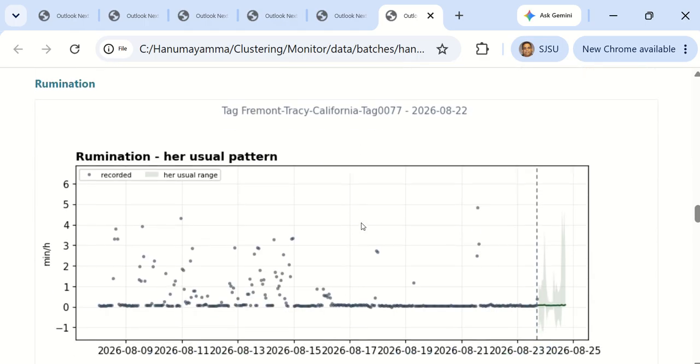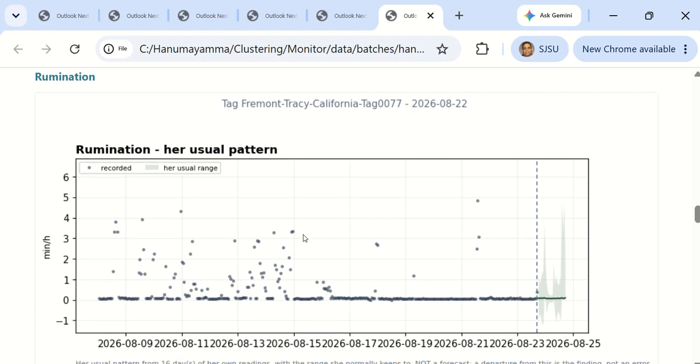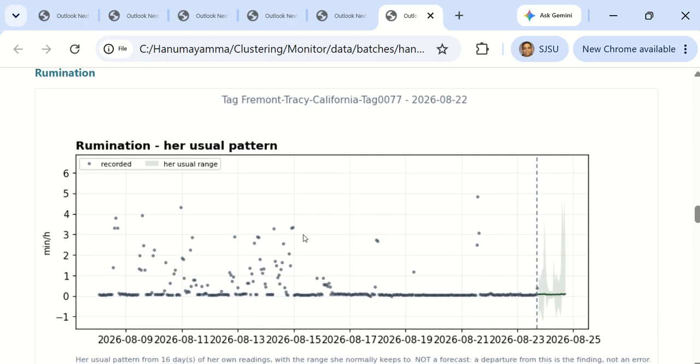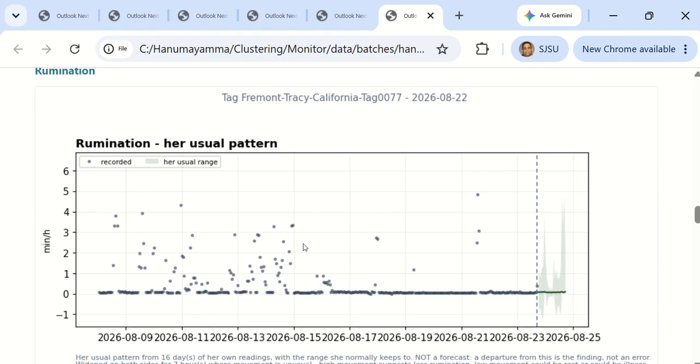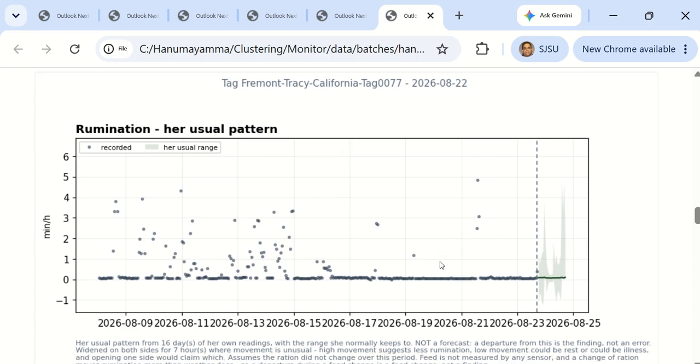Now let's look into rumination. Here is a rumination pattern, and it's important to emphasize that this is not a forecast. We have taken 16 days of data and calculated the rumination. We identify the rumination readings and show the range of how it normally behaves. Any departure from this range is a finding, not an error. Movement affects rumination.